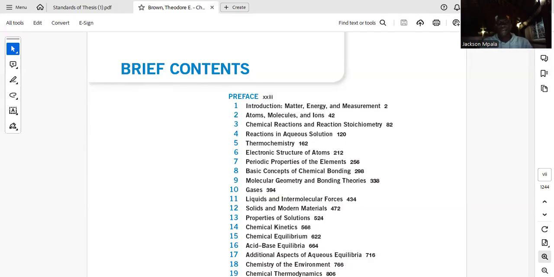Then we've got the basic concepts of chemical bonding. Chemical bonding, I think that's what makes the world go round. I mean, everything that is around us exists because of chemical bonding. For them to make this thing that I'm wearing, for you to see everything behind me, things need to bond.